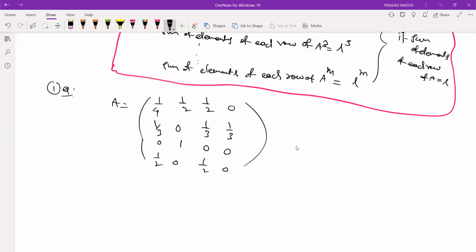Suppose you are asked to find the sum of elements of each row of A power 2022.